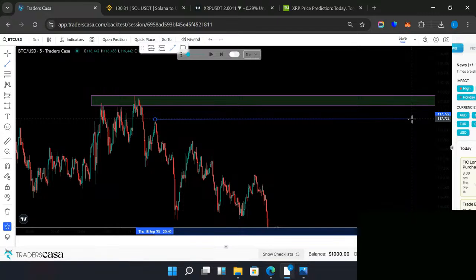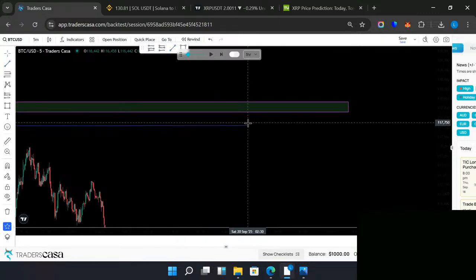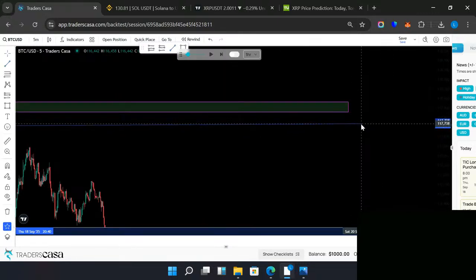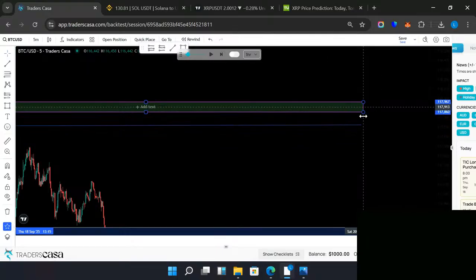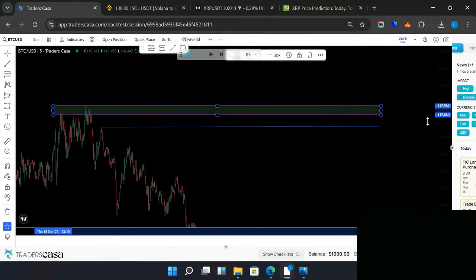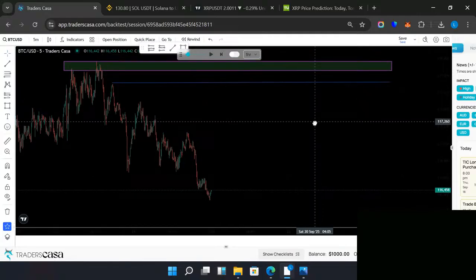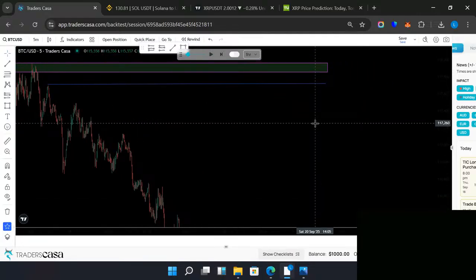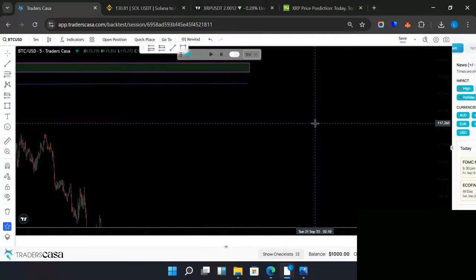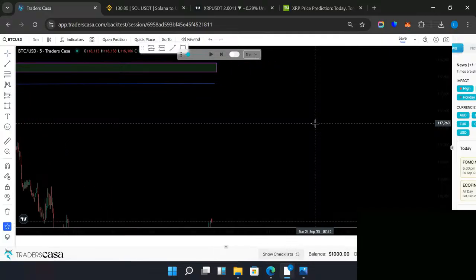On a higher time frame, you need to be absolutely exact, because on the higher time frame you're not going to see any liquidity sweep with the body closing, you are just going to see a wick. But you should know that that wick is also a kind of liquidity sweep.